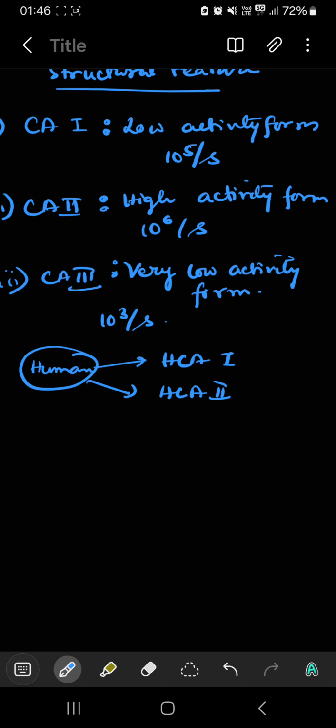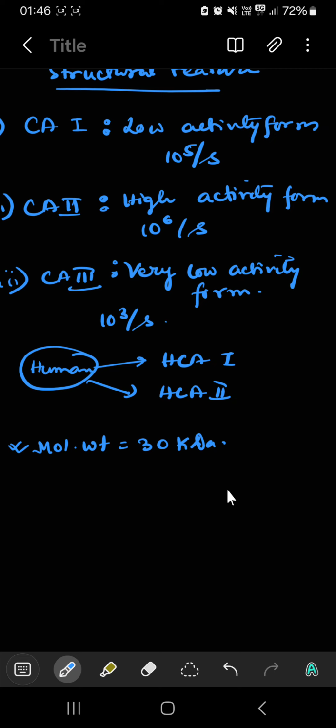Now, in all isoenzymes which are structurally similar, the molecular weight is approximately 30 kilodalton. Dalton is a weight measurement for molecules or proteins.